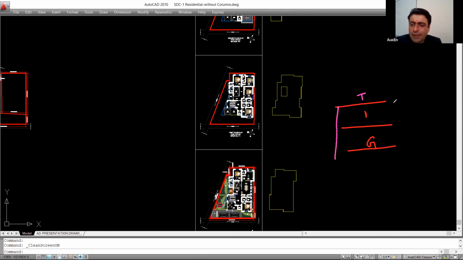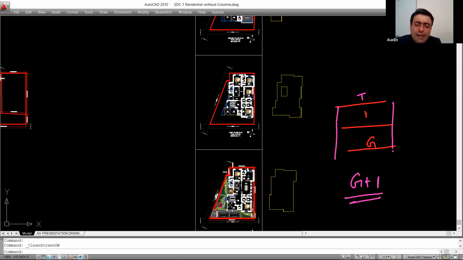All right, this would be the G plus 1 structure that we are going to do. Generally, independent bungalows, usually you will see G plus 1, at the max G plus 2, but even G plus 2 are rare. Usually residential bungalows are G plus 1. So this is going to be a G plus 1 bungalow.